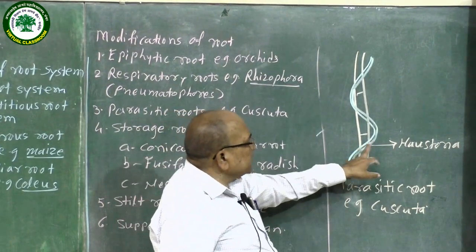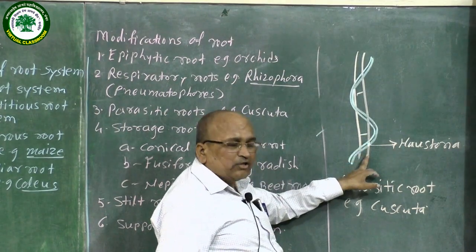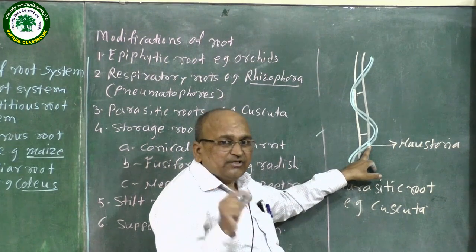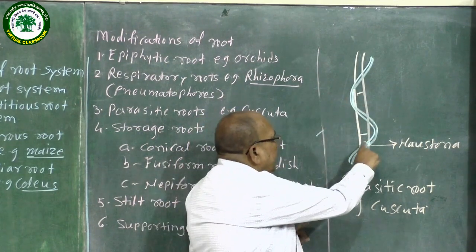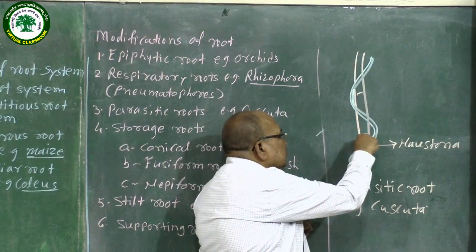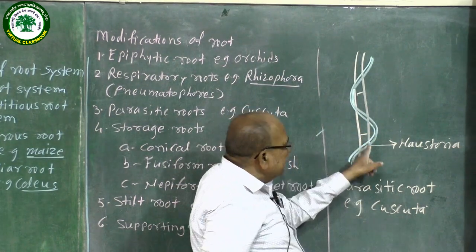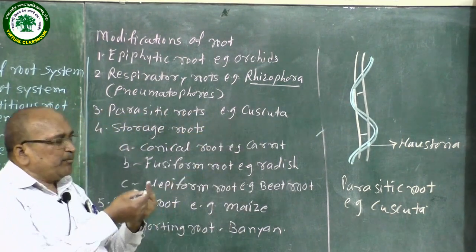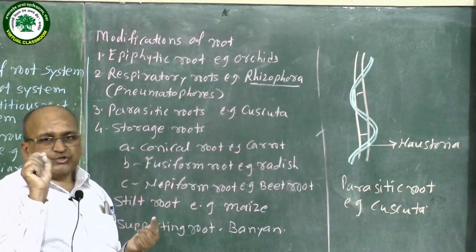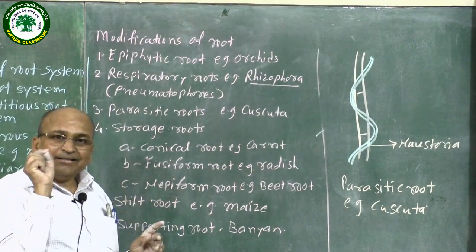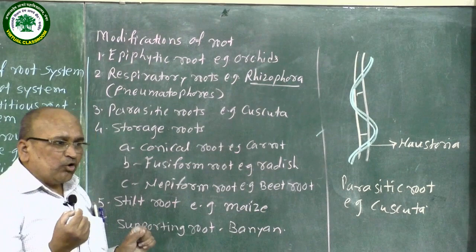When they grow on the support, on the host body, at the point where the parasitic plant body touches the host body, this Cuscuta plant produces small roots, actually not true roots, but small outgrowths.